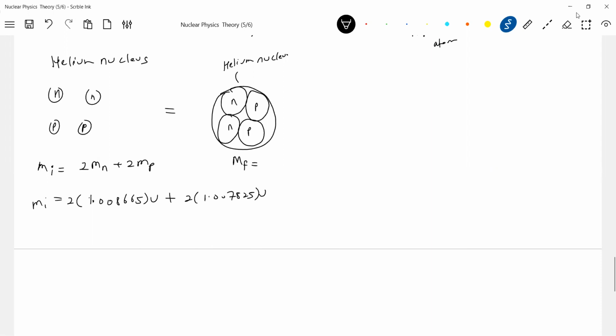Then mass of helium nucleus, I know it is 4.00260 U. Check it. This Mi will be greater than Mf. I'll call that the mass defect.